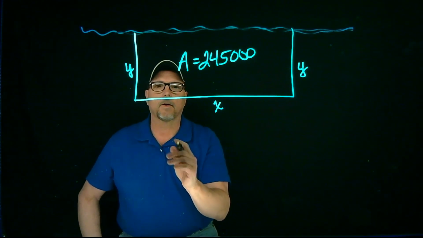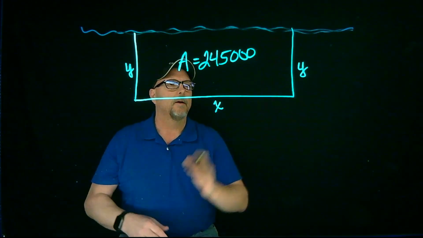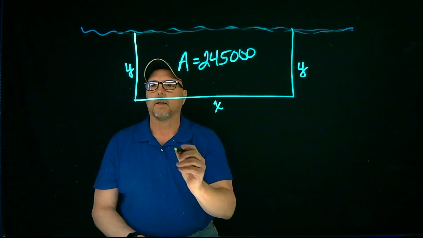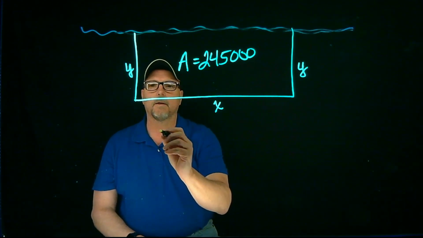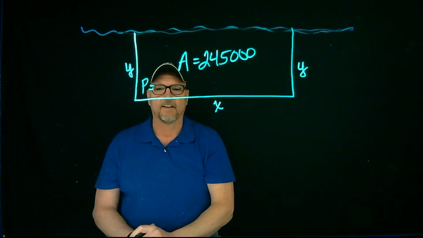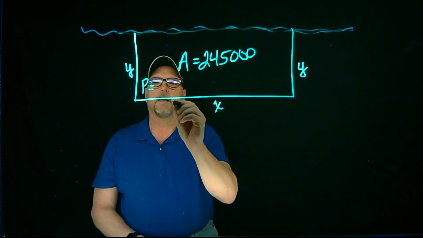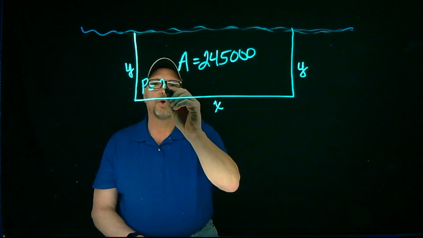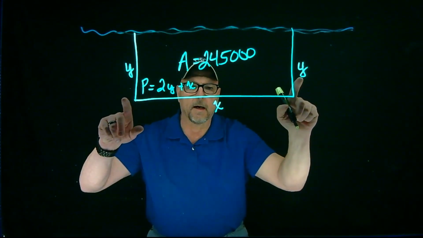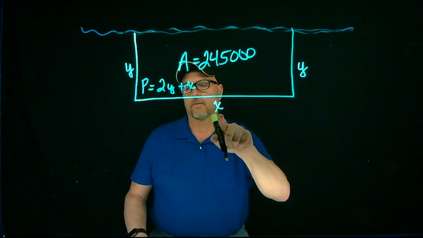So my primary equation, if I wanted to minimize the fencing, means I want to minimize this green perimeter here. So the perimeter is going to be 2y plus x, because there's two y's here and there's one x here.